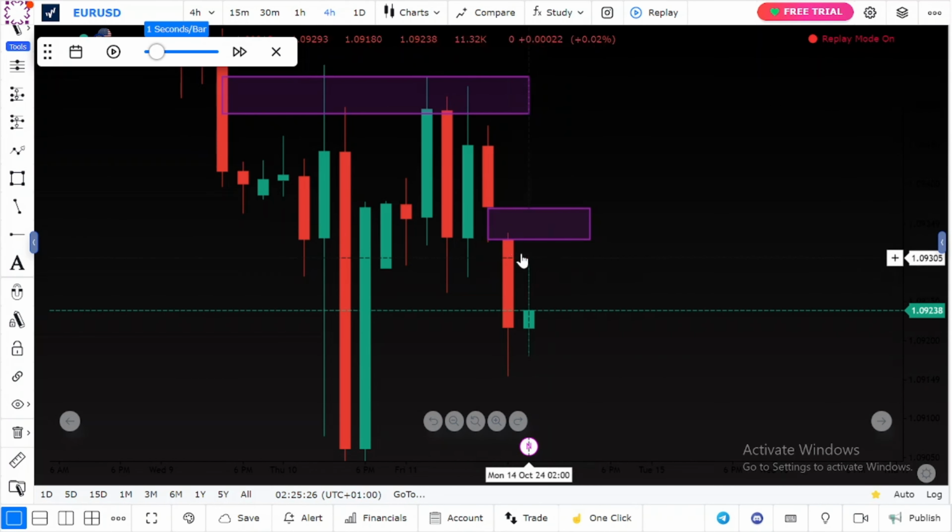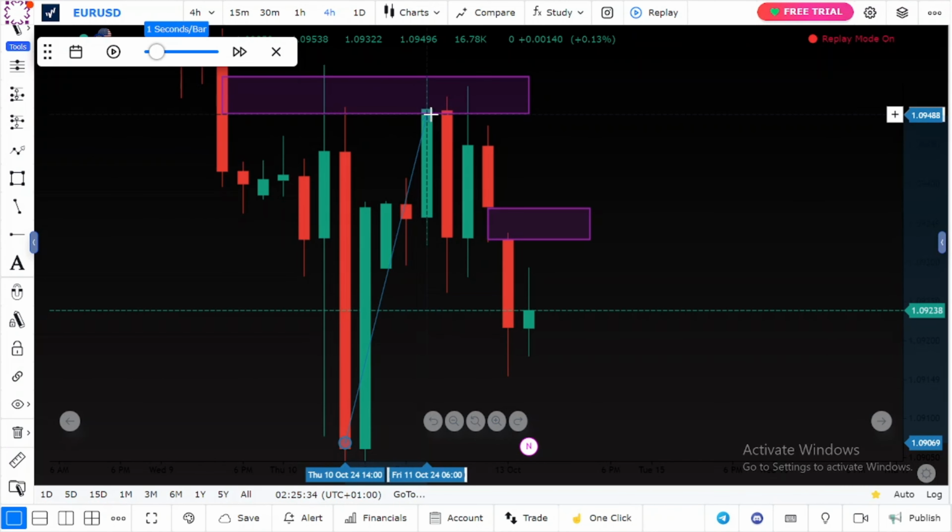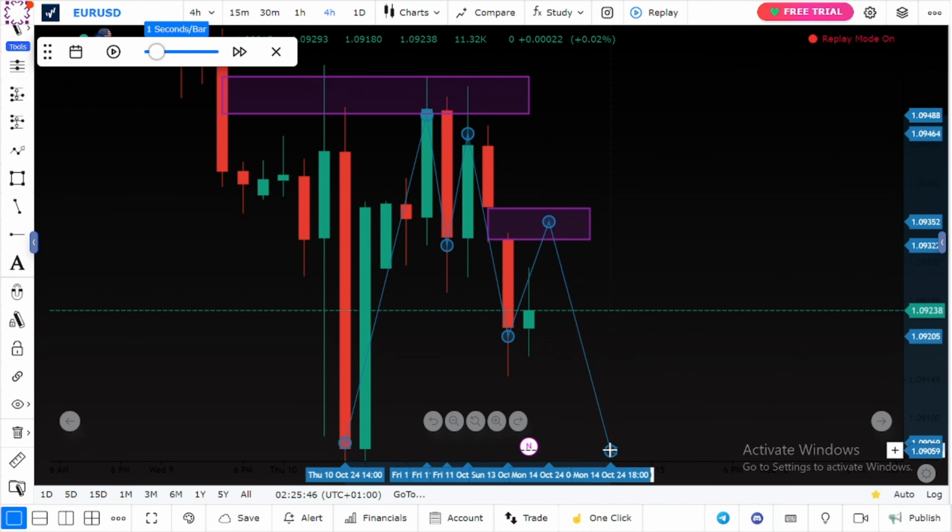So this gap is a gap that needs to be filled. Gap likes to be filled, and as we can see too, this was a structure level and it broke below that structure. So we're looking for retracement into structure and into the gap for a continuation.